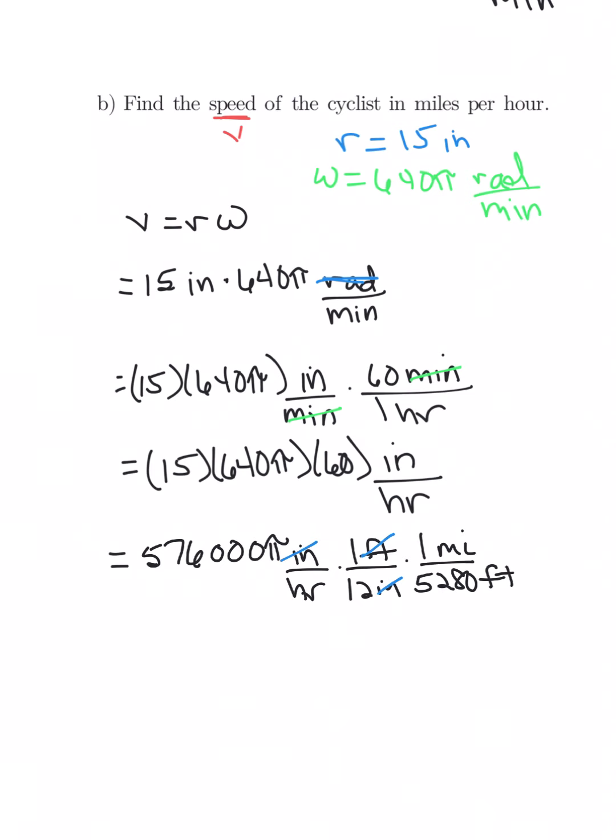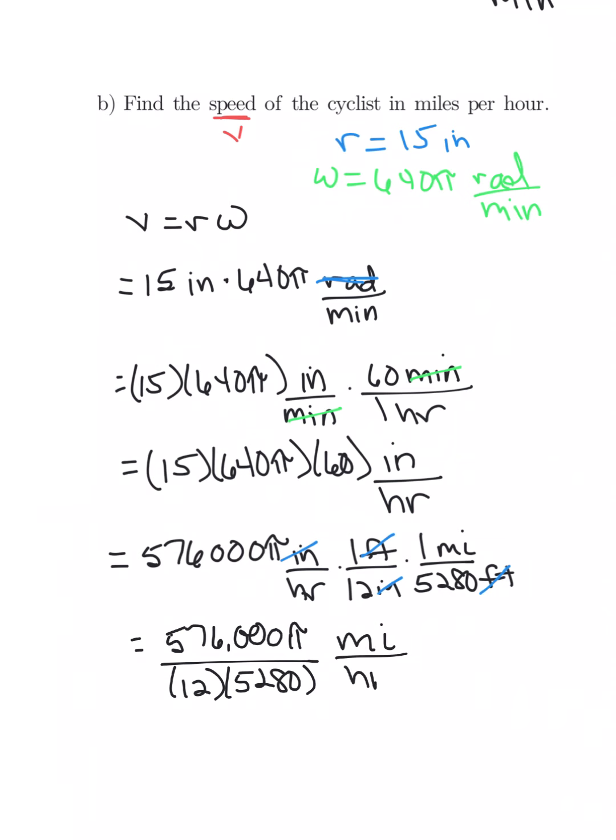So now feet is gone. Now we have 576,000 pi times a 1, which doesn't have any effect, divided by 12 times 5,280, and our label is miles per hour.